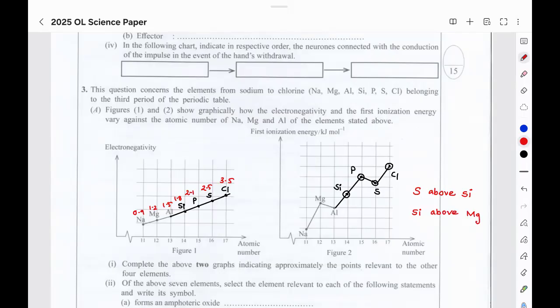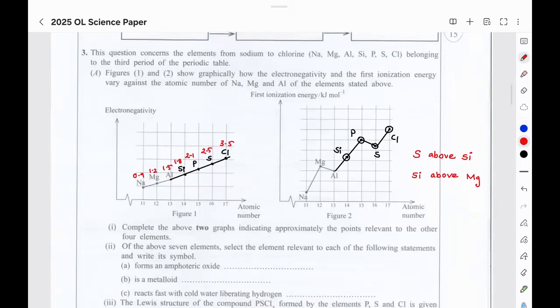Therefore, you have to remember the variation of the graph properly. Sulfur should be above silicon and silicon should be above magnesium. Got it? Right? Okay. So likewise, you have to remember the.